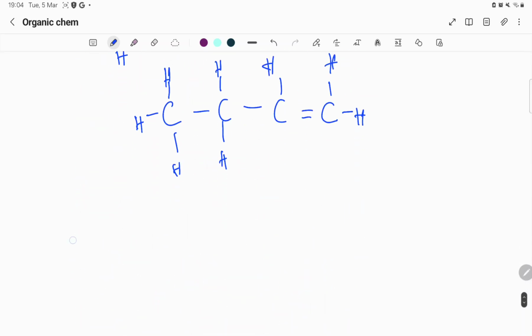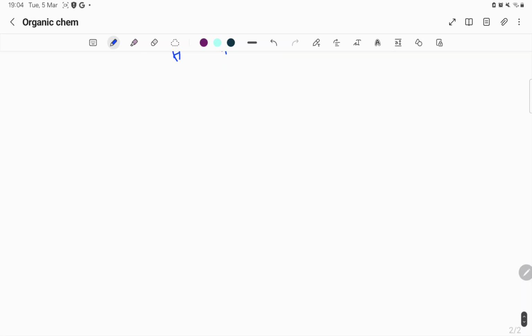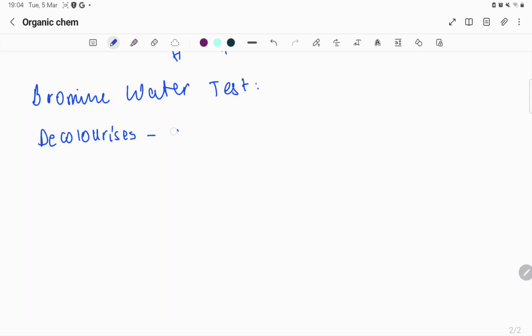Now, one other way that you can differentiate between an alkane and an alkene is by using bromine water. So this is called the bromine water test. If you need to identify if the unknown substance that you have is an alkane or an alkene, you will add bromine water to it and it decolorizes in alkenes.